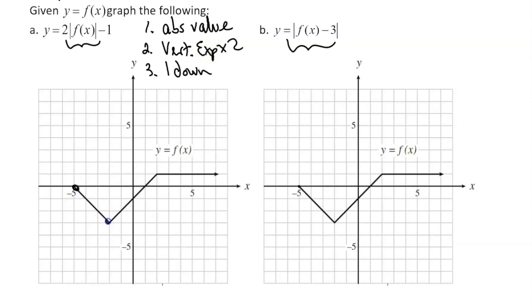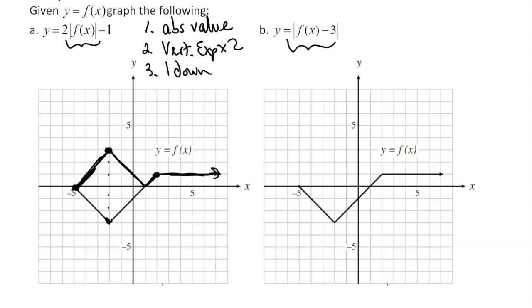We take some of our key points right here, and if we take its absolute value, we'll go 1, 2, 3, 1, 2, 3 right here. We're going to get something that looks like that, and any points that are already above the x-axis just stay above the x-axis.